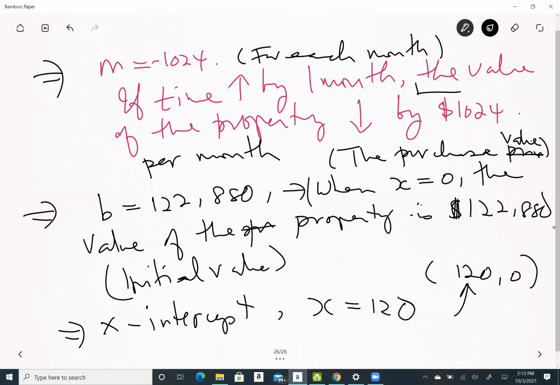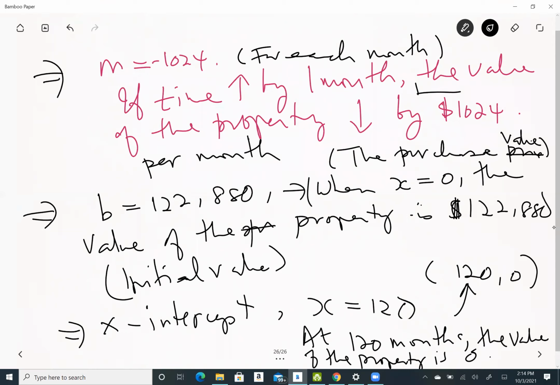So you can say at x equal to 120 months, or at 120 months, because the unit is months, the value of the property is 0.